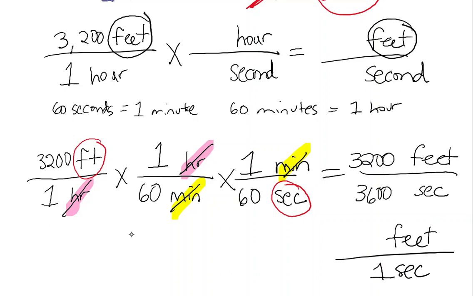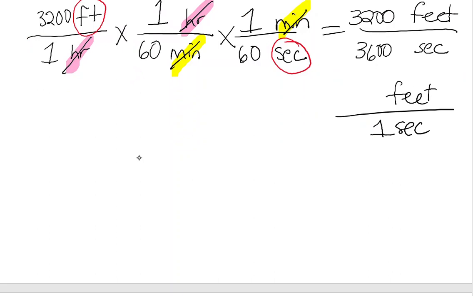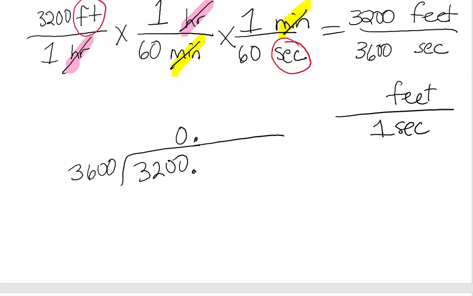So I need to divide 3,200 divided by 3,600. That is 0 because 3,600 is bigger. Let's divide 32,000 divided by 3,600. It goes 8 times.